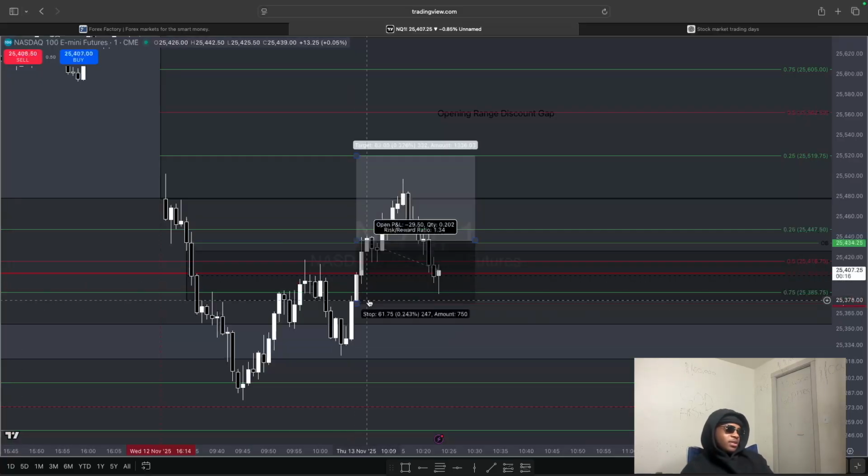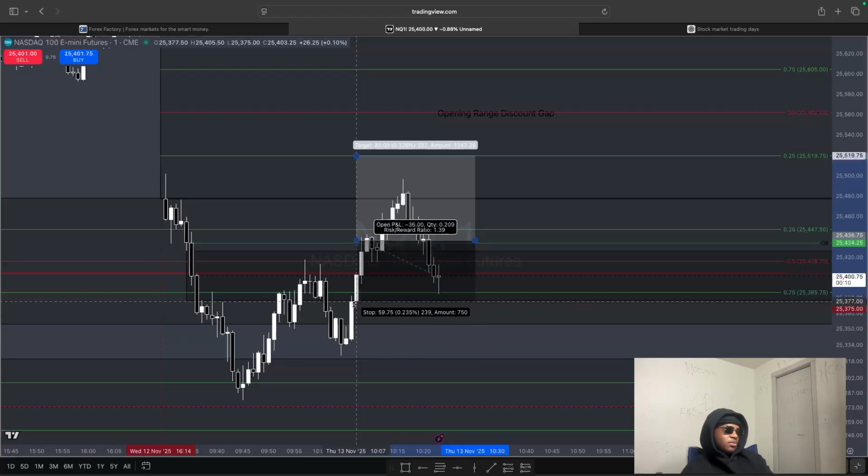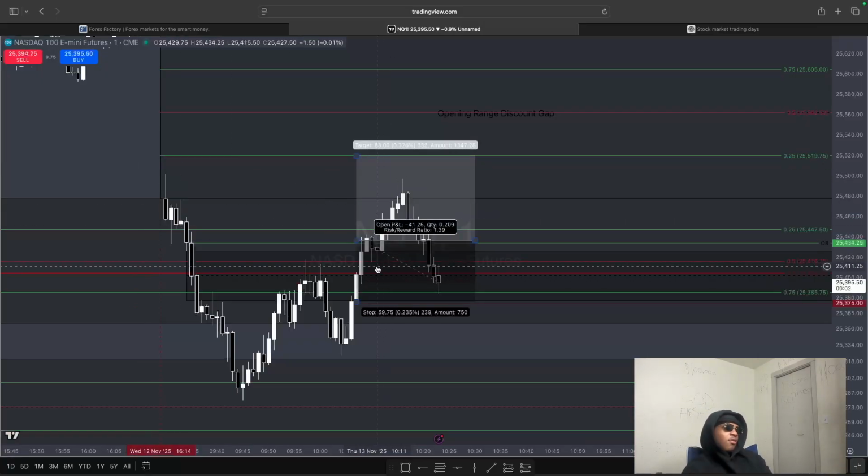My stop loss is right here because I'm not usually, no, hell no, I'm not putting my stop loss right there. I'm gonna let it play out. If it kick me out, fuck it.